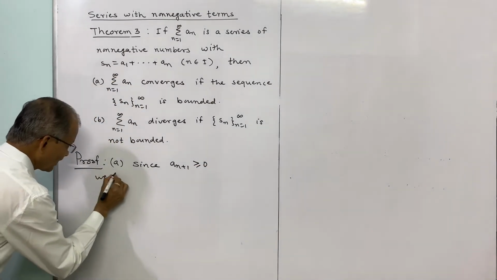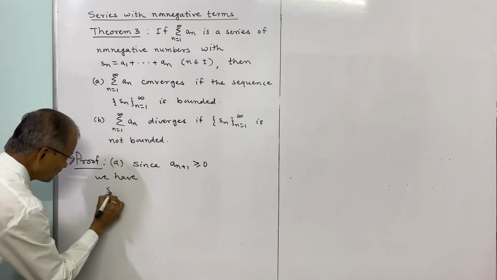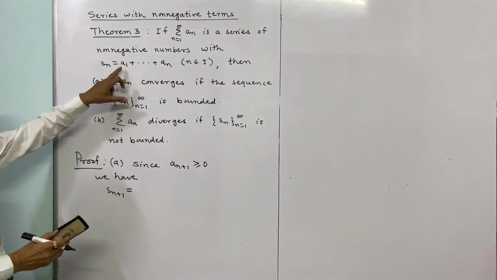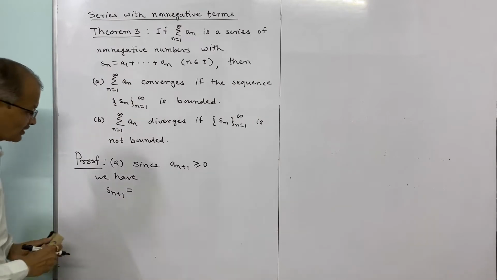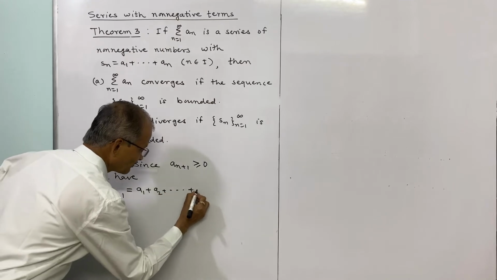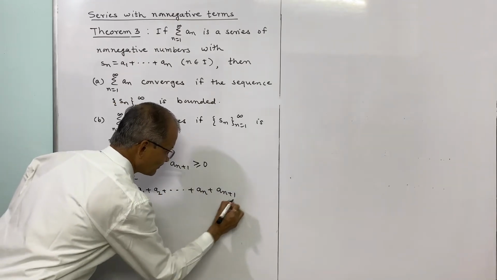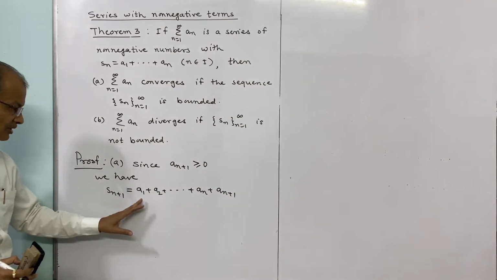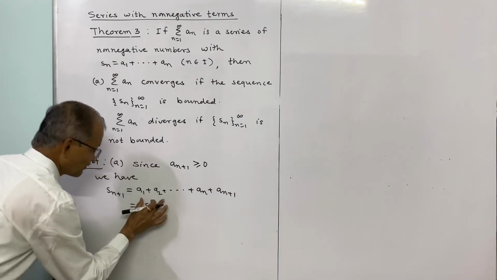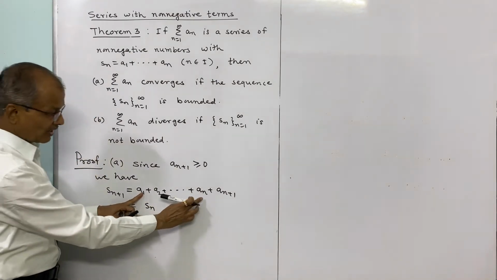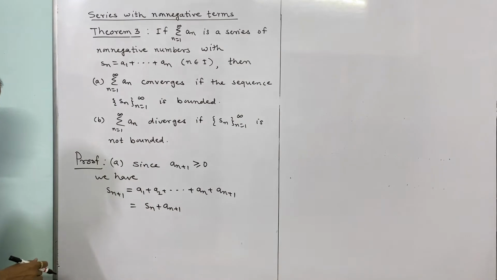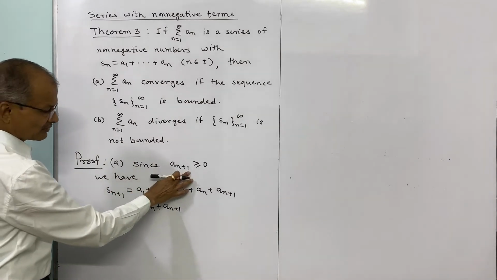We consider S(n+1). S(n+1) means the sum of the first n plus 1 terms, that is a1 plus a2 up to an plus a(n+1). But a1 plus a2 up to an is Sn, and the last is the separate term a(n+1), which is greater than or equal to 0.